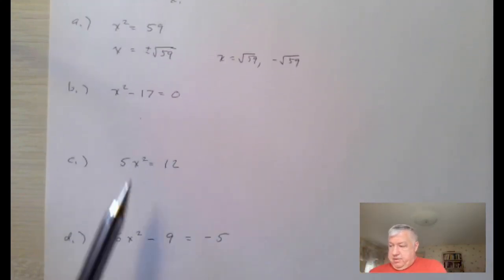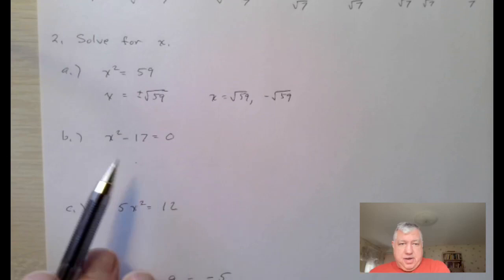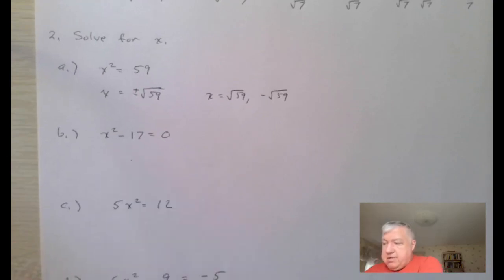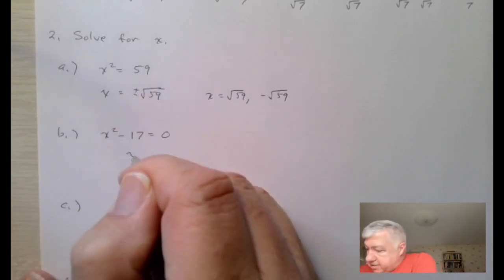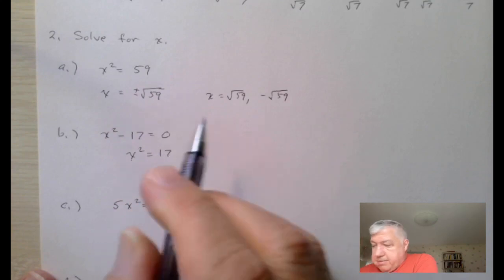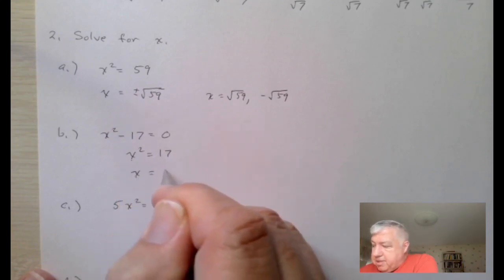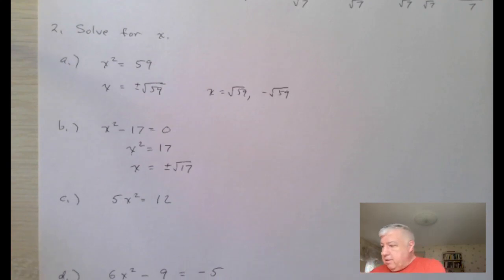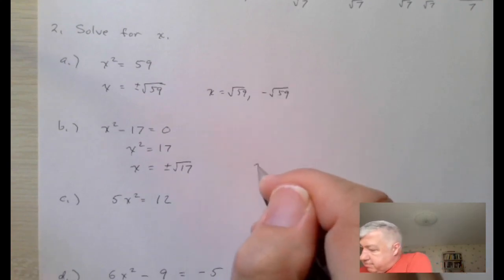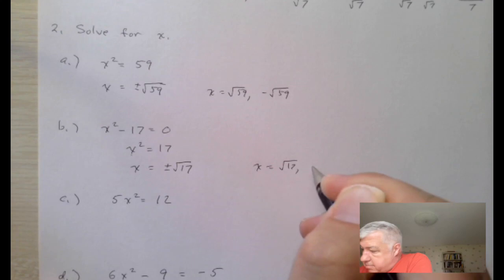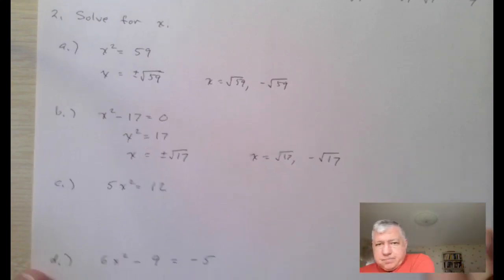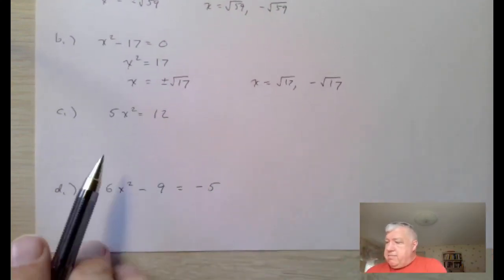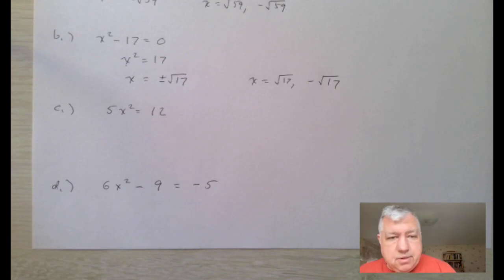Sometimes this is almost as easy: x squared minus 17. You just have to add 17 to both sides, and then take the square root. So x would be plus or minus the square root of 17. In this one for part C, again, we have to do one more thing before we take the square roots.